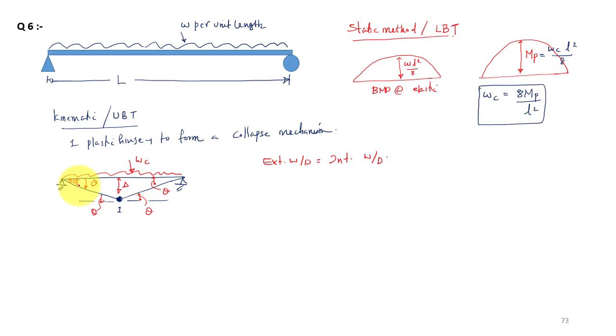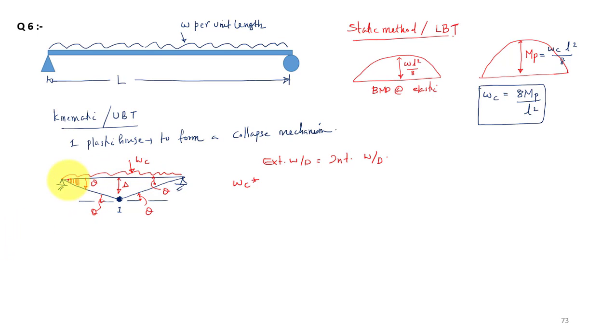If you take each and every section, you will get the area of this triangular shape. So I can write the external work done as the intensity of your load in kilonewton per meter multiplied with the area of your triangle. Think about that. Basically, what is the external work done? That is the force into corresponding displacement, deflection in this case.